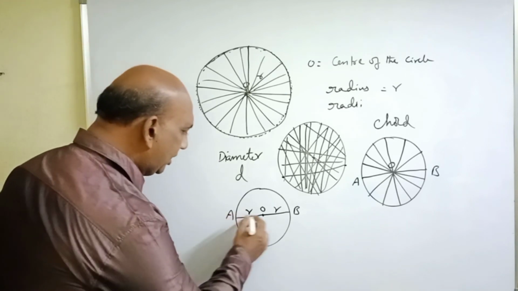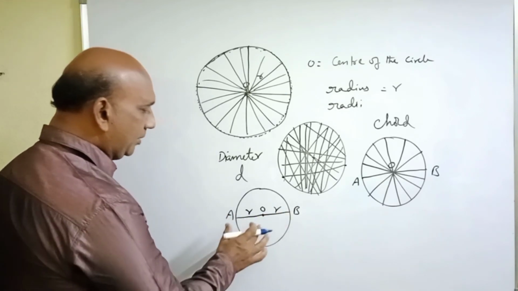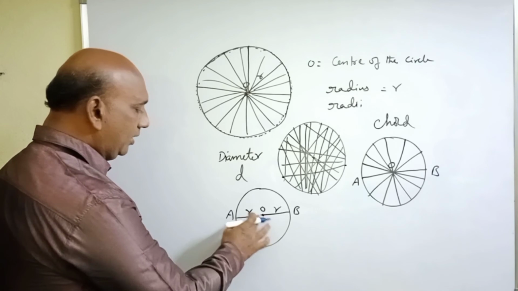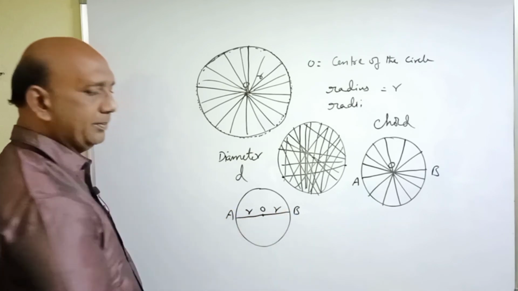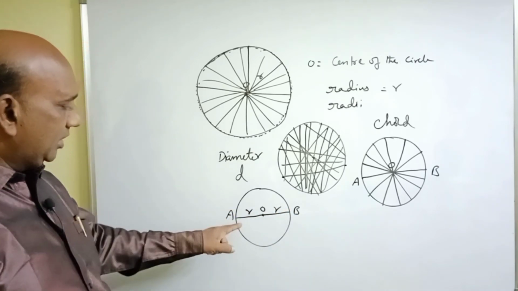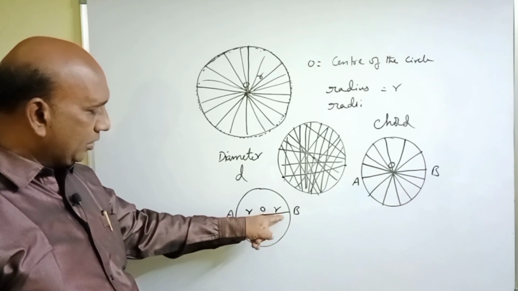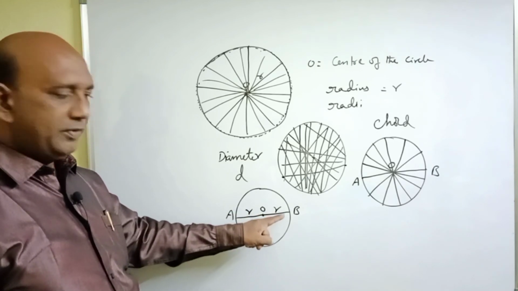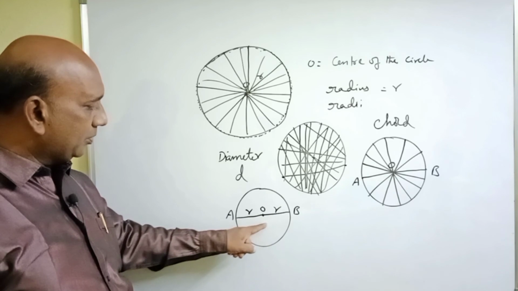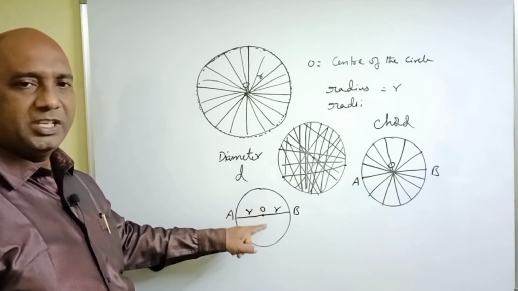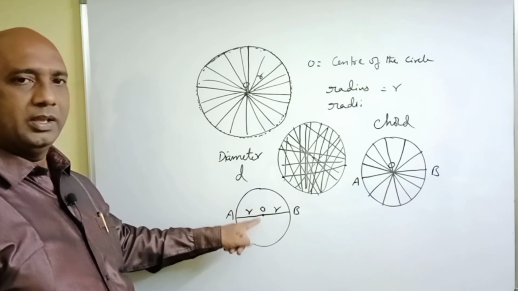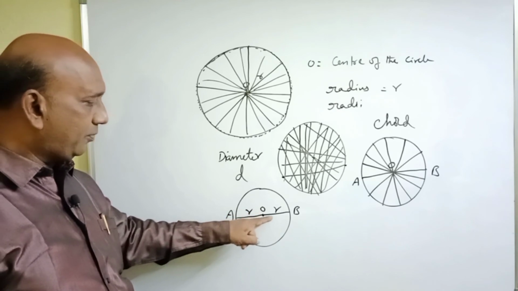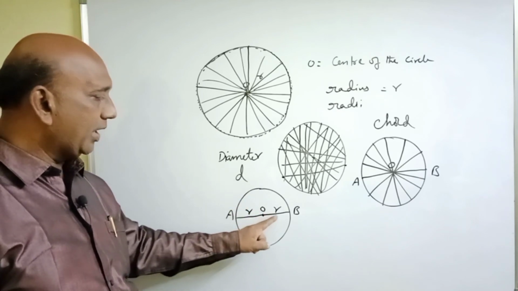But AB is the line segment that passes through the center of the circle from point A to B. So this line segment includes two radii which form a chord that passes through the center of the circle, which we call a diameter. That means here diameter is formed by adding two radii.